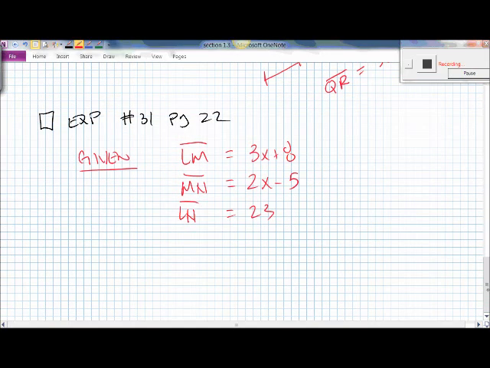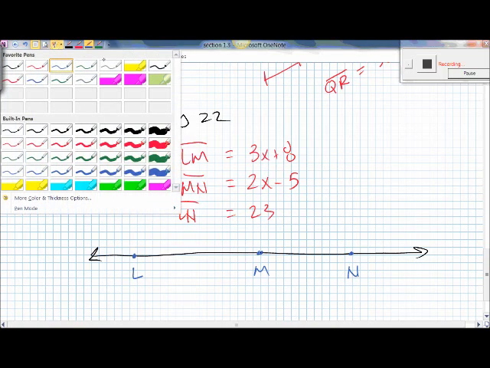So if I were you, to solve this, I would draw a diagram. So here's the picture that I could draw for myself, okay? Here's a line, and I know that L is over here, and I know N is over here, and it tells me that M is between the two of them. I also know that LM is a total distance.